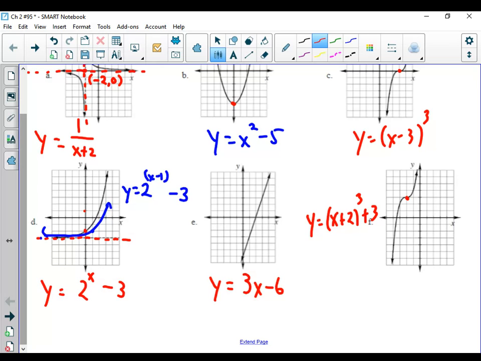So what we might think about with a line is, okay, well, when we did equations of parabolas, we wrote it like this. When we did cubics, we wrote it like this.